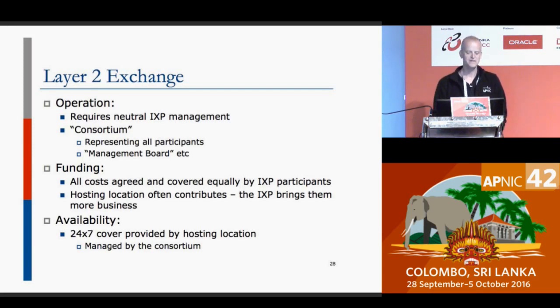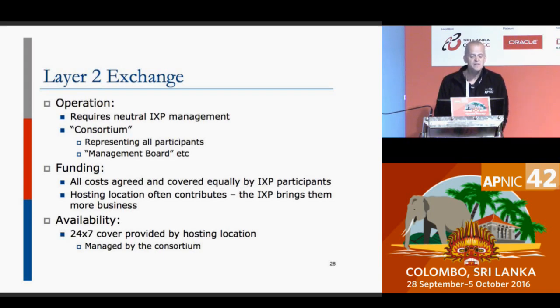I'll cover this in a bit. Because the exchange point brings them more business. Certainly for data centers, I would expect that the exchange point could be provided for free because the data center wins so much business with the network operators who peer at the IX, bringing in their equipment.